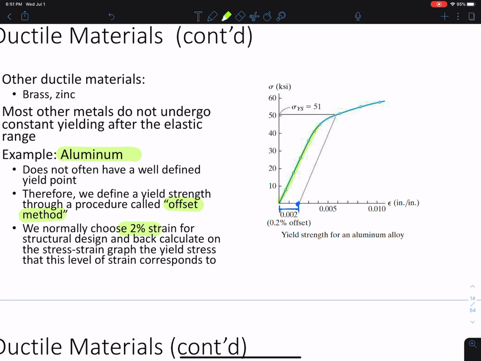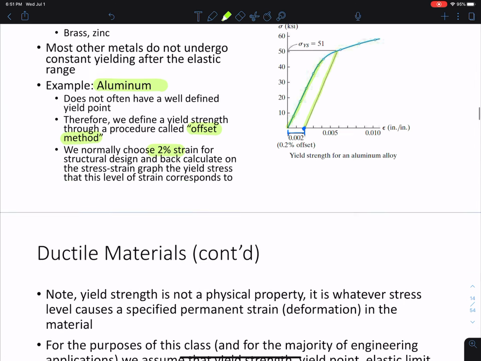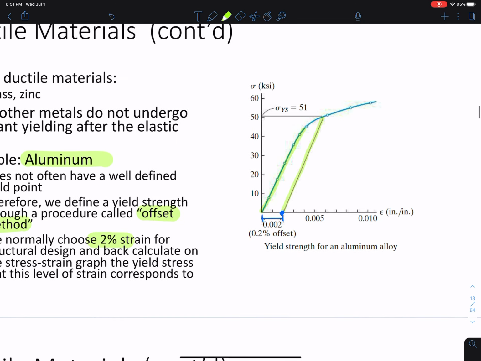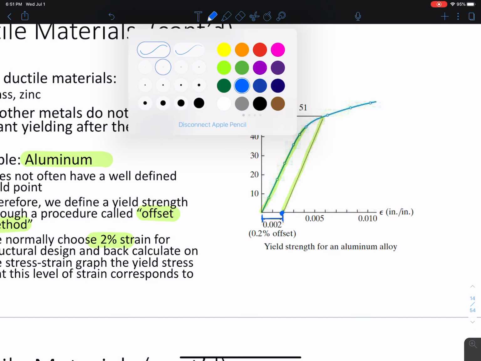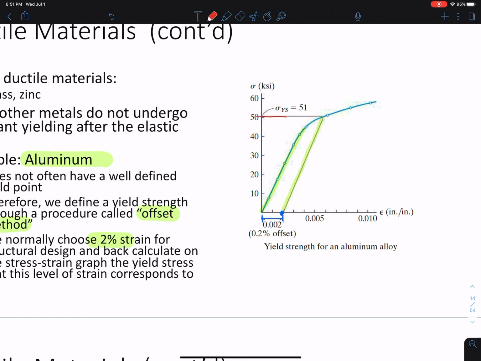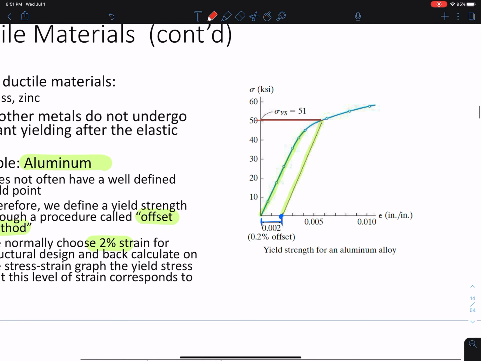We draw a line exactly with the same slope at 2% strain, okay? And we then horizontally measure from the point of the curve there, and we say, well, that's about 51, so we're going to take the yield stress at that point to be 51, okay?